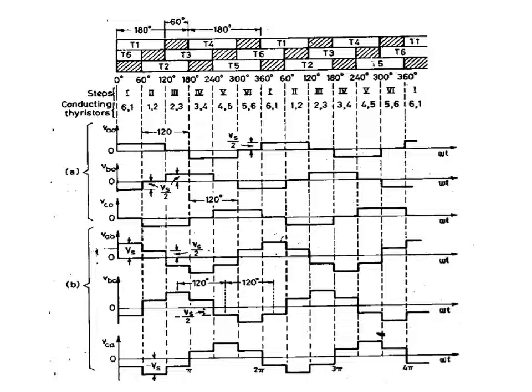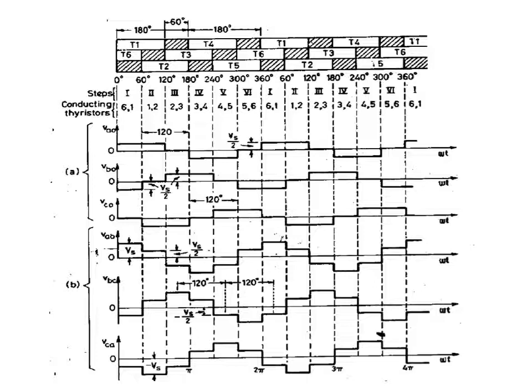Now thyristor T4 is turned on at omega t equal to 180 degrees and it conducts for 120 degrees, that is from omega t equal to 180 degrees to omega t equal to 300 degrees. This means that for the 60-degree interval from omega t equal to 120 degrees to omega t equal to 180 degrees, the series connected ACR does not conduct.